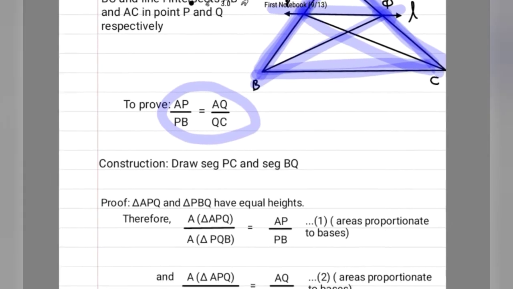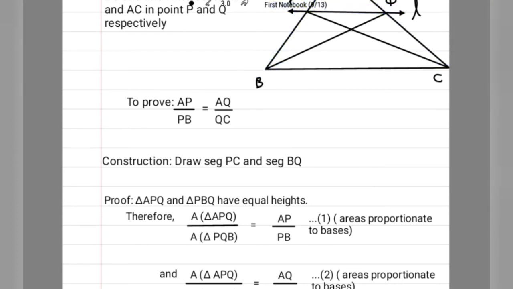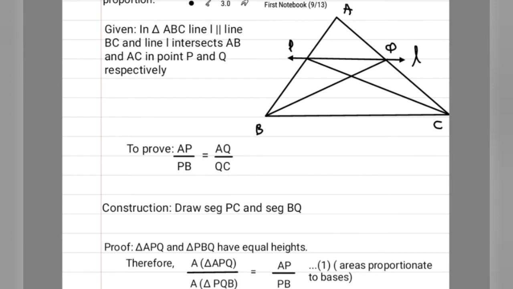Moving to the proof, now let me clear this so that it would be easy to understand. Okay, so if we consider these two triangles, that is triangle APQ and triangle PBQ. Now these two triangles have the same height, that is this PQ.